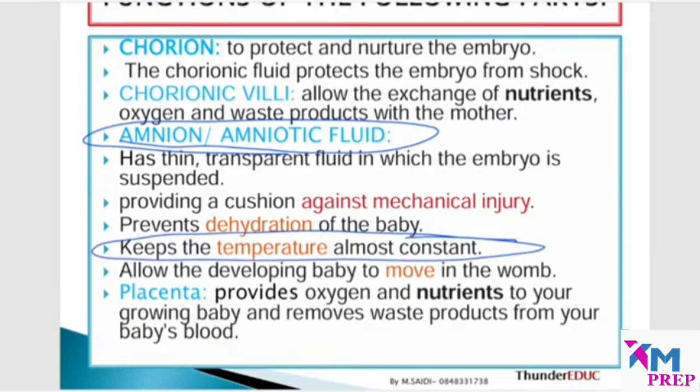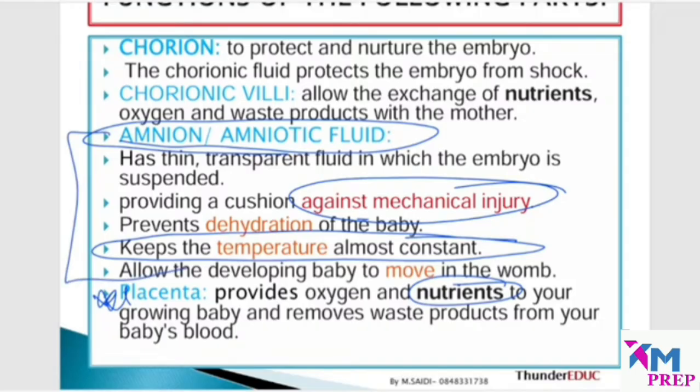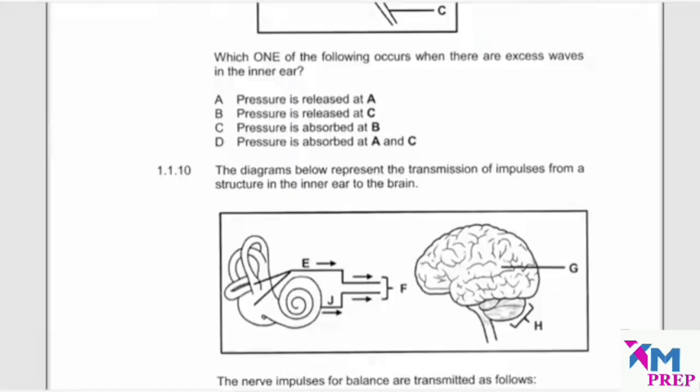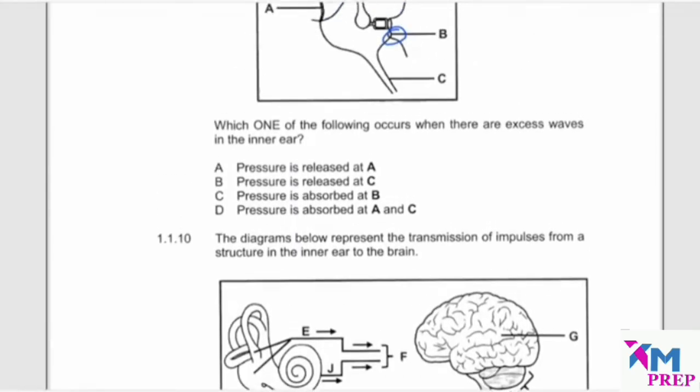You see, temperature regulation, dehydration, mechanical protection. That's it. So the placenta is the one which provides nutrients. So don't talk about nutrients when you talk about the amniotic fluid. Yes, I think now it's clear and I've explained it to you. Yes, Jordan. All right, we got the next question.